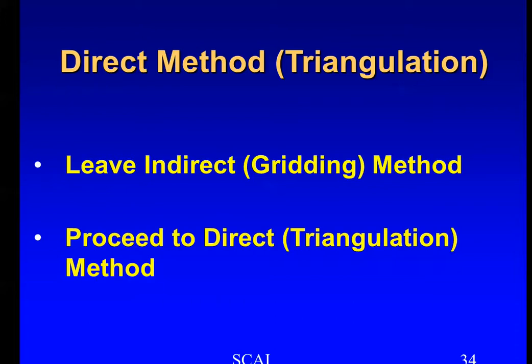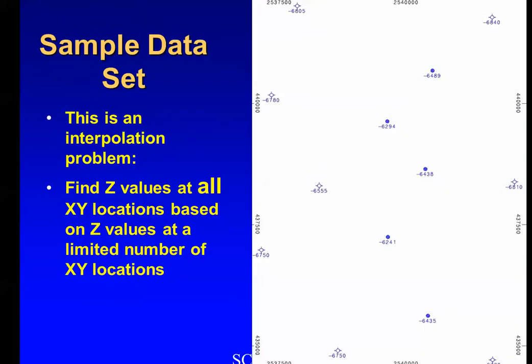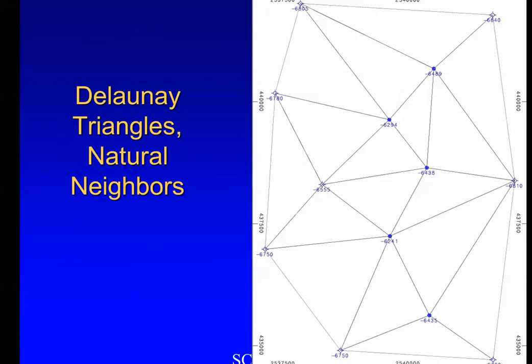Let's leave the gridding and go to the direct or triangulation method of making computer contours and computer contour maps. There are similar steps in triangulation as there were in gridding, different but similar. Of course, we have to select the neighbors of each data point. There is our data set, and there are the neighbors.